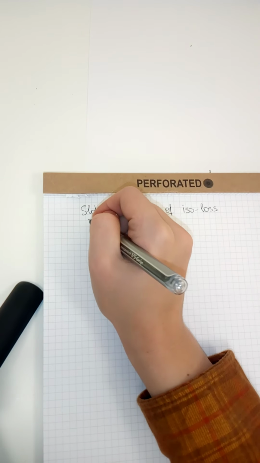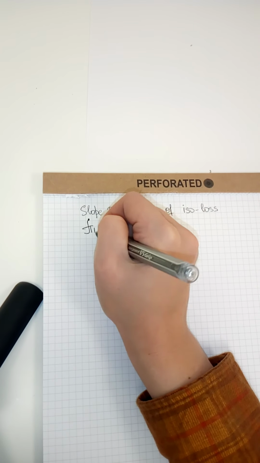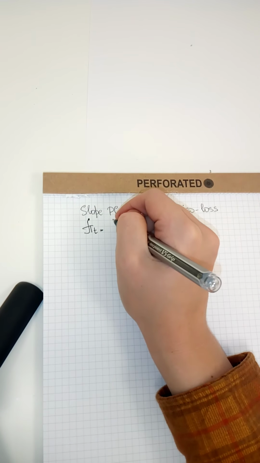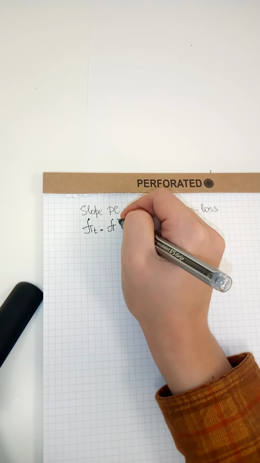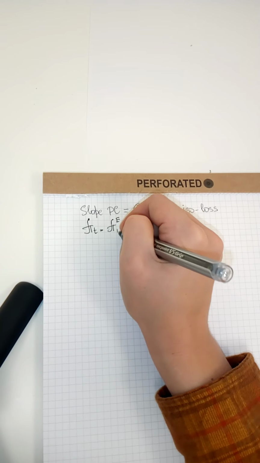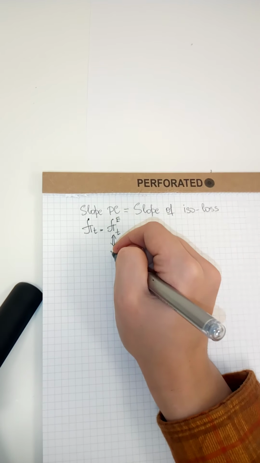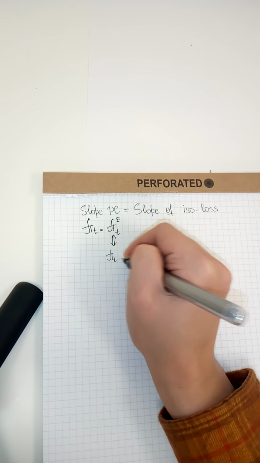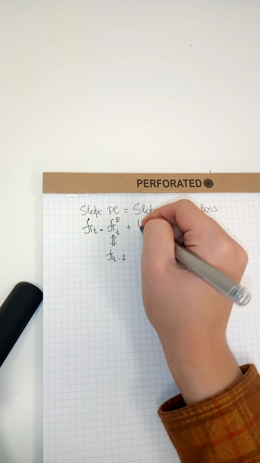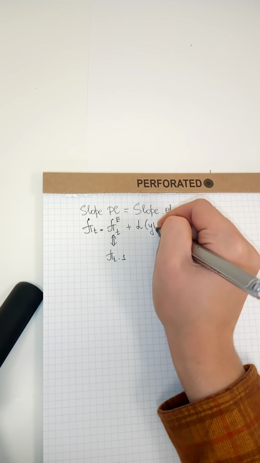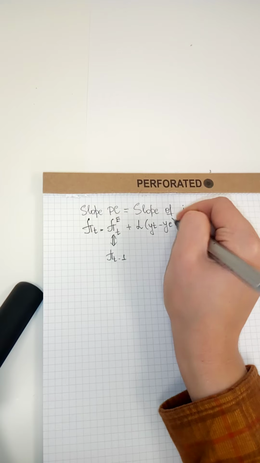Okay, so for the Phillips curve, the formula is pi t equal to the expected rate of inflation in period t, which is equivalent to the rate of inflation in the previous period, plus alpha times the output gap, yt minus ye.